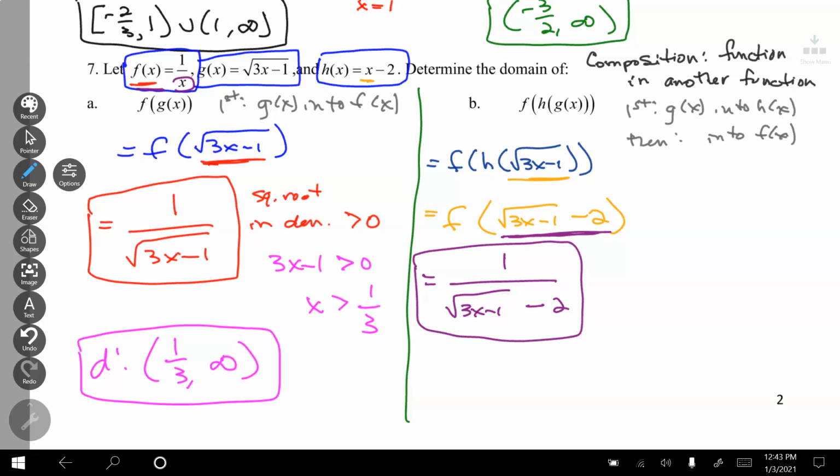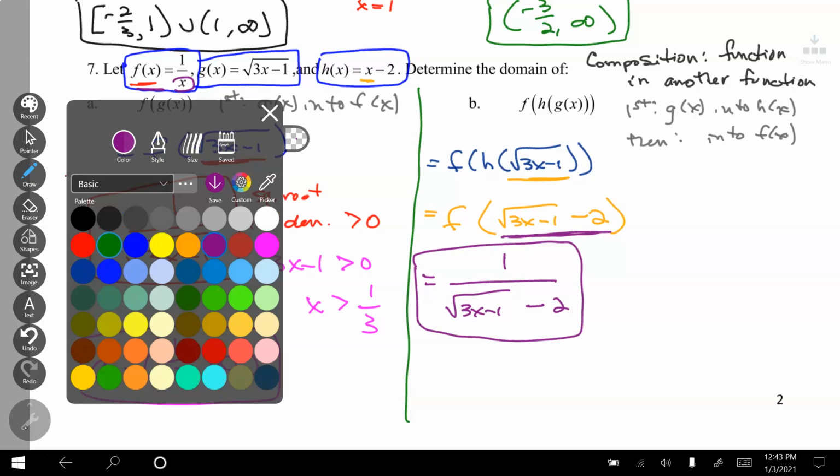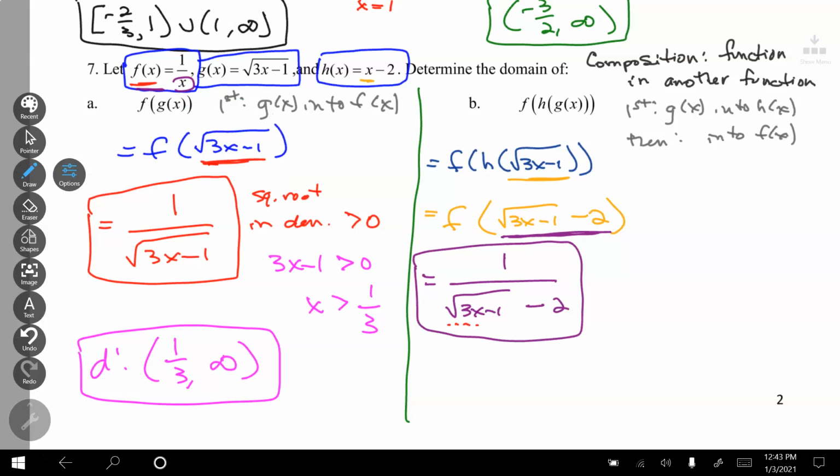Now this is a little bit trickier because I have a couple things going on here. I do have a square root in the denominator, but the square root is not by itself in the denominator. So when I look at this, I do have a square root part, so I'm going to do that over here. My square root rule, because it's not by itself in the denominator, I'm going to use 3x minus 1 is greater than or equal to 0.